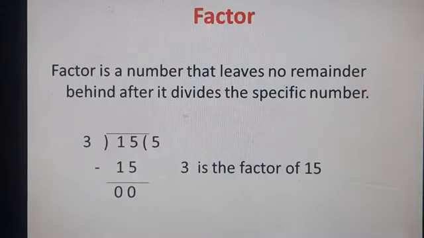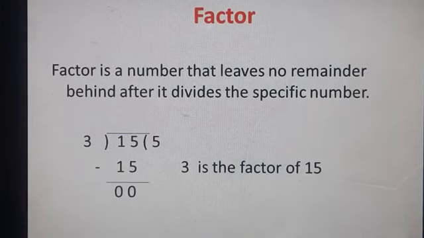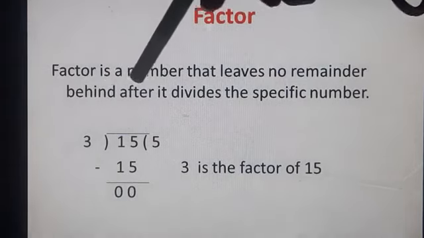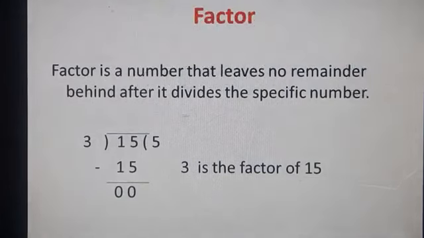Let's start with our first topic, that is factor. Factor is a number that leaves no remainder behind after it divides a specific number. If a specific number is given and we are dividing it with another number, and that other number divides the specific number completely, no remainder is left, then that other number is known as a factor of that specific number.